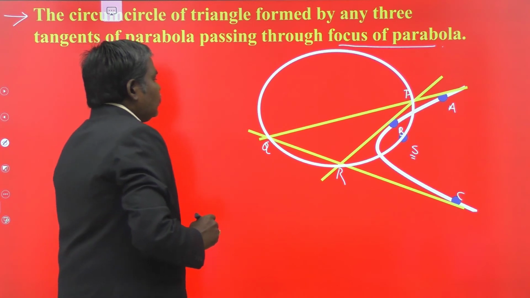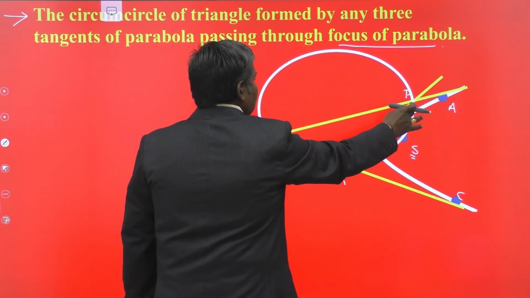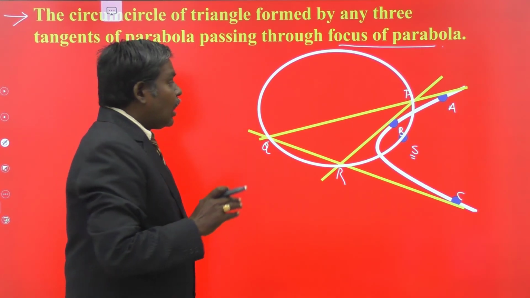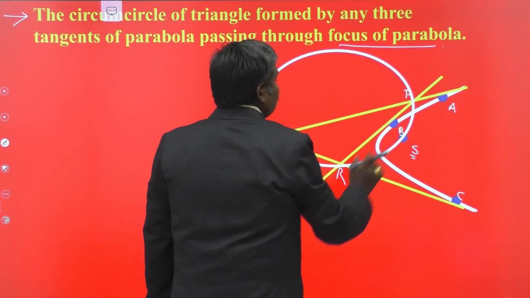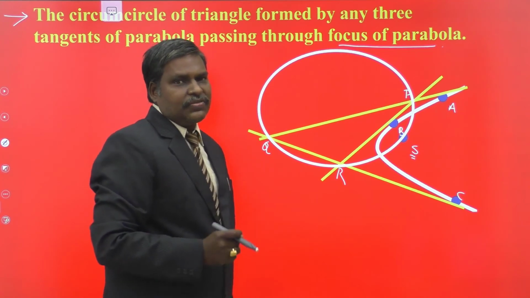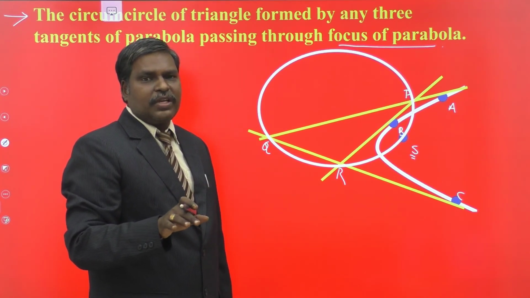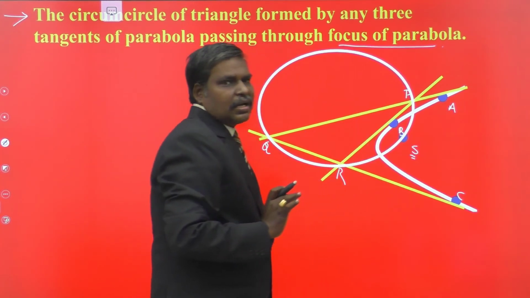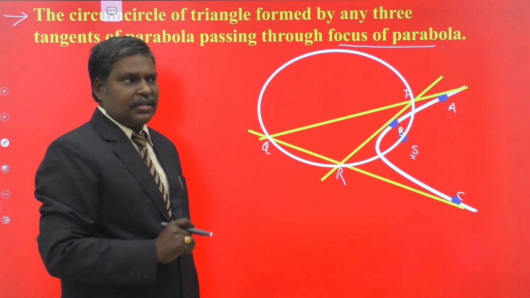It is very difficult to find the equation of the circle passing through the points of intersection. That is a big task. Even if you get the circle equation, you are going to substitute (a, 0), which is simple. But finding the equation of the circle is very difficult. Without finding the equation of the circle, can you say that the circle passes through this S or not? That is my intention.